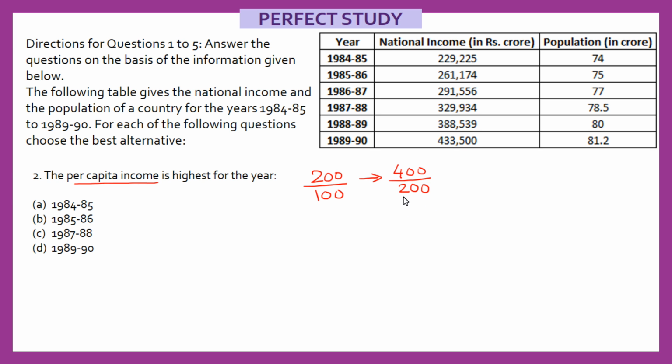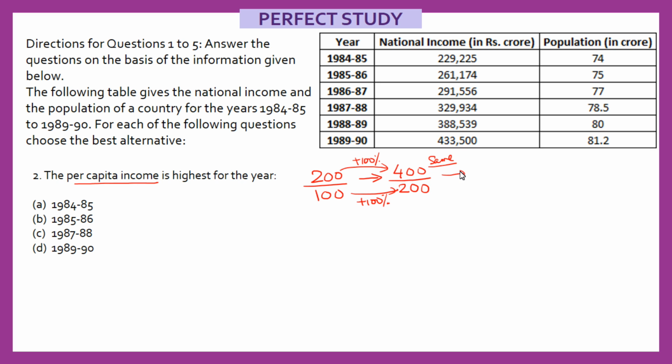Here, because the values are simple, you can divide and check. But see the concept here: 200 is getting doubled, which means it increases by 100%. 100 is getting doubled, it also increases by 100%. When the percentage change in numerator and denominator is the same, the value remains the same.